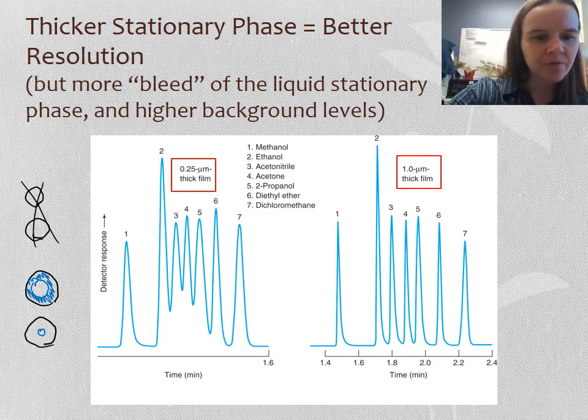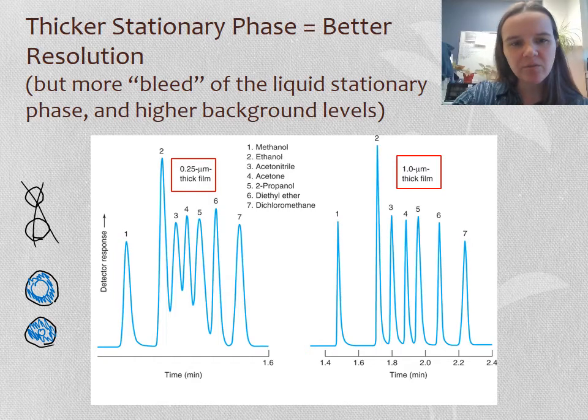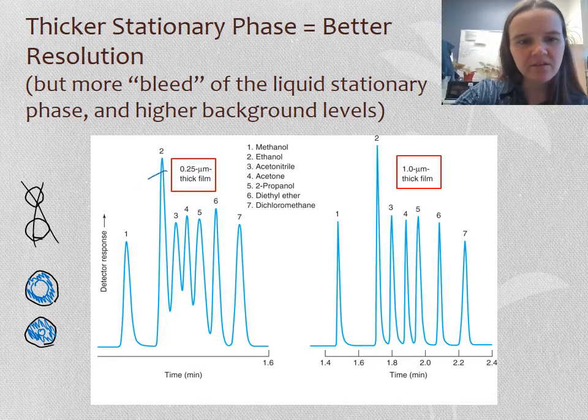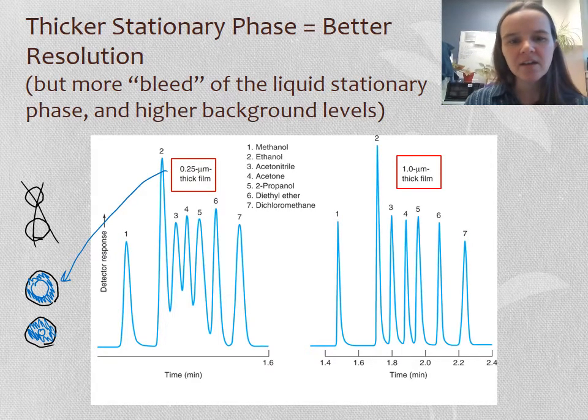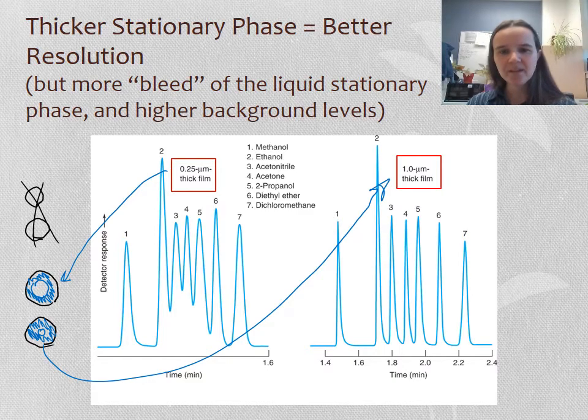So thicker coating versus thinner coating on the inside of these GC columns does have an impact. If you have the 0.25 micron thick film, which is your thinner version, you don't have as good a resolution as if you had a thicker film of like 1 micron. A nice thick film inside of a skinny column is going to help increase your resolution.